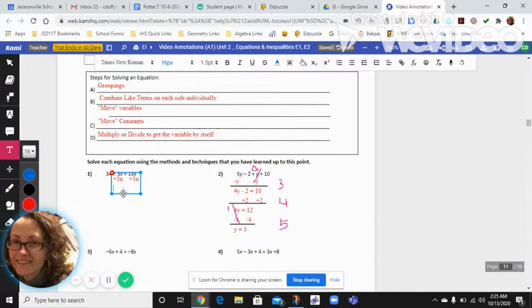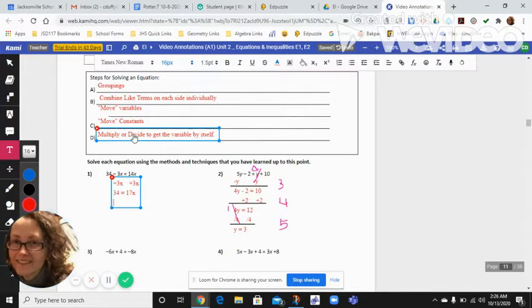That leaves me with a 34 on the left side and a 17x on the right. So that was moving my variables. I don't have to move my constants because my variables are already on the right-hand side and all my constants are on the left-hand side.